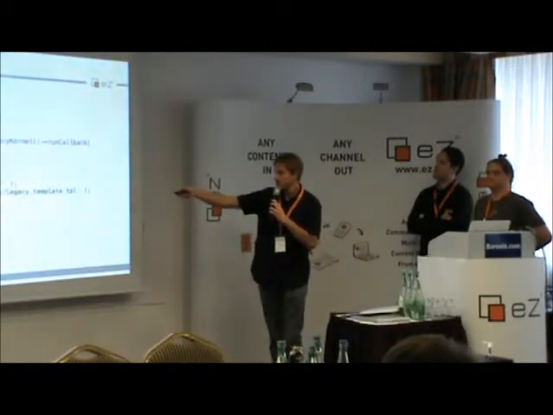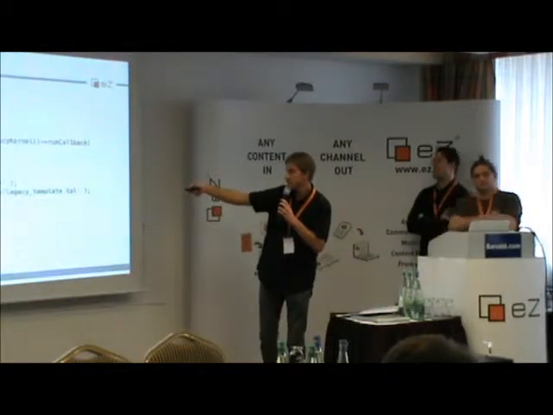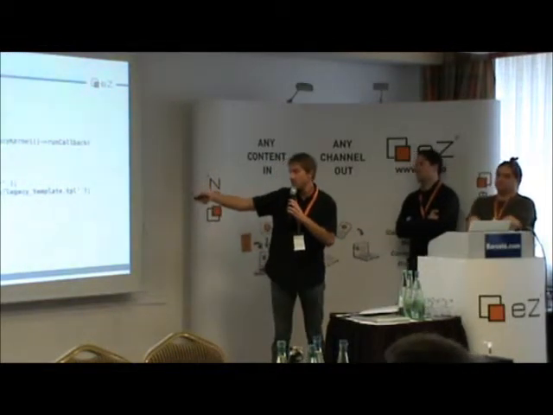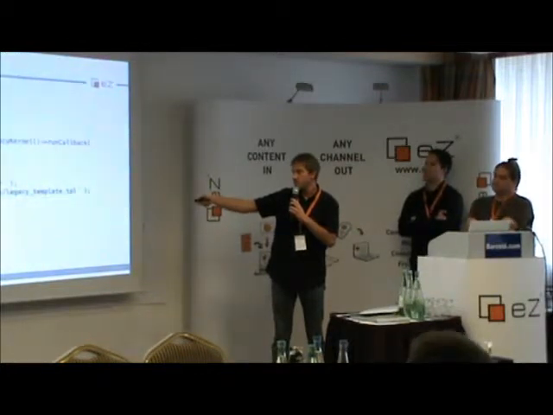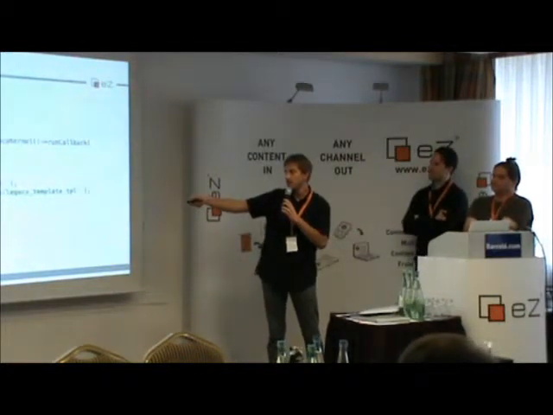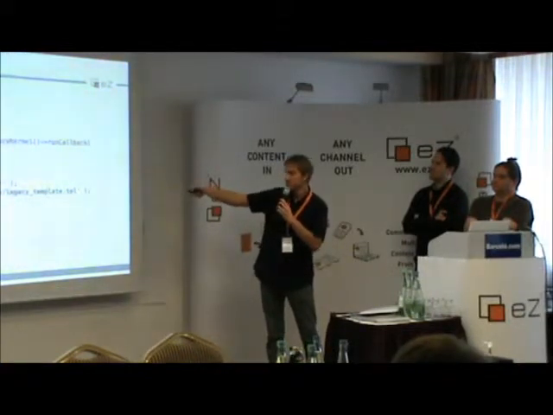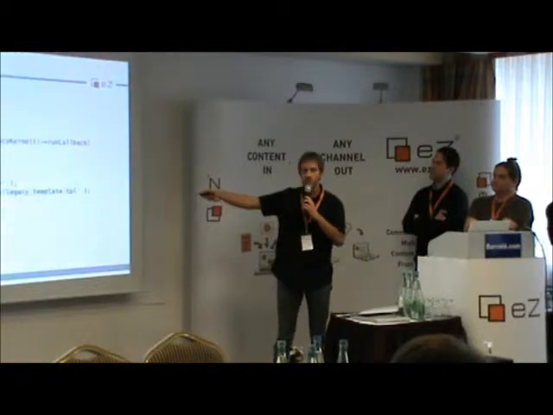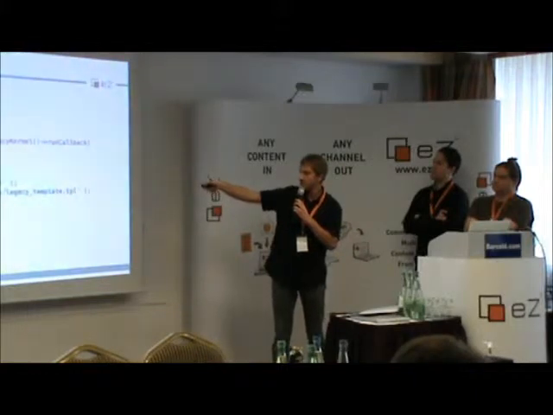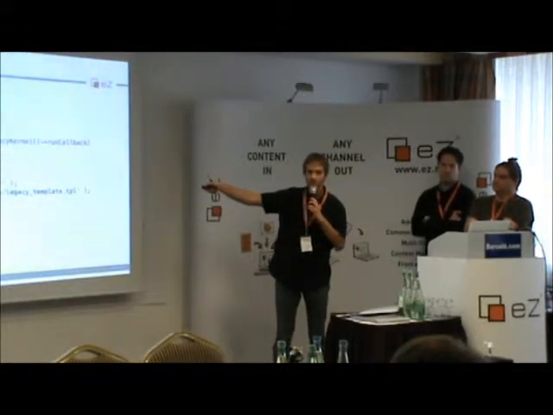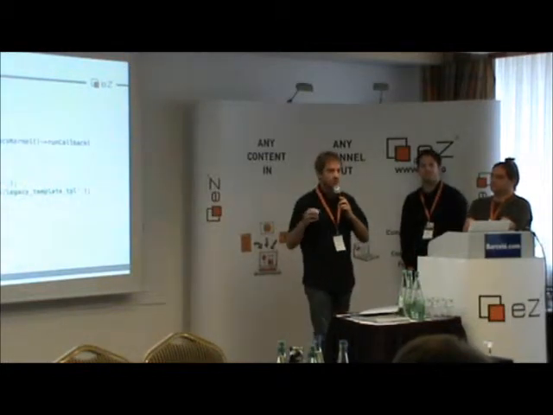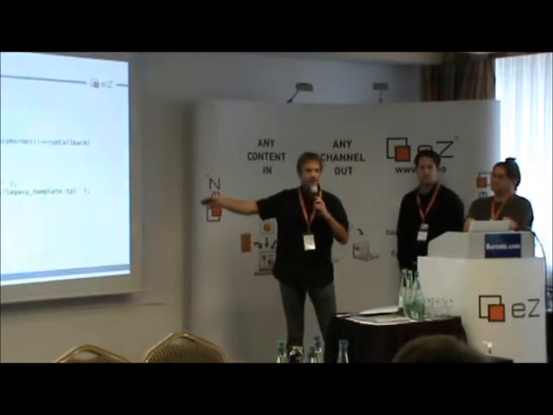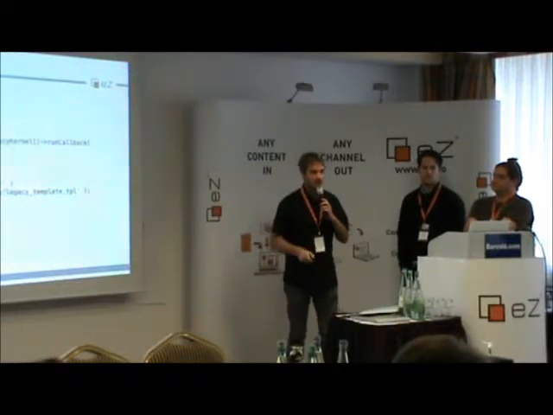You basically instantiate an eZ template object, where you are passing some variables, and you are fetching the template as before, and this will return all the output of your templates. You are returning this. So when the closure is retrieved, the output will be assigned to the legacy template result. So basically, this is how you can run any kind of legacy code while being in the new eZ Publish 5 stack.